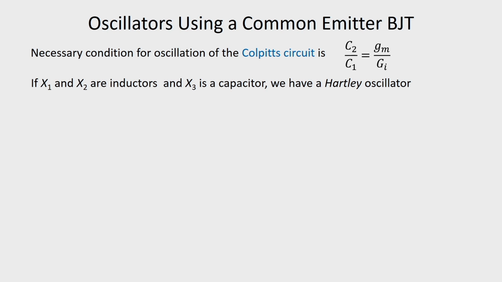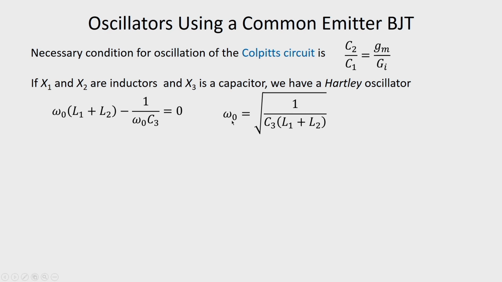When x1 and x2 are inductors and x3 is a capacitor, we have a Hartley oscillator, and this condition x1 + x2 + x3 equal to 0 will now give omega naught L1 + omega naught L2 - 1/(omega naught C3) equal to 0, and omega naught can be found out as the square root of 1/(C3 (L1 + L2)).